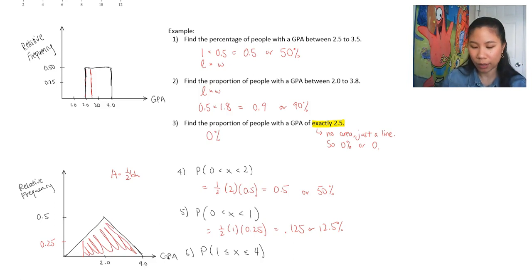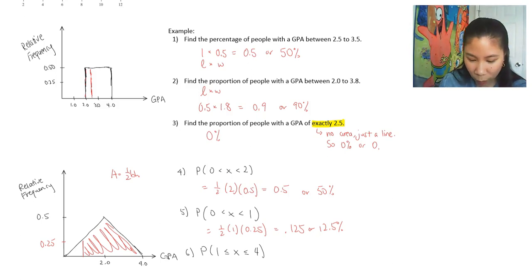That's what I wanted to point out. Whether you use less than signs or less than or equal signs, they are the same area, because like we said earlier, the area of a line is 0, so it really doesn't affect the overall area at all when we're looking at areas of density curves.